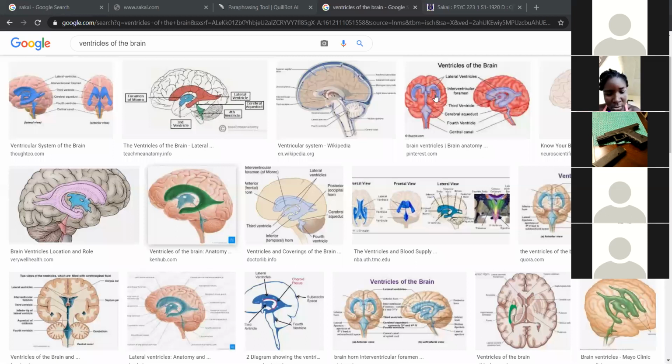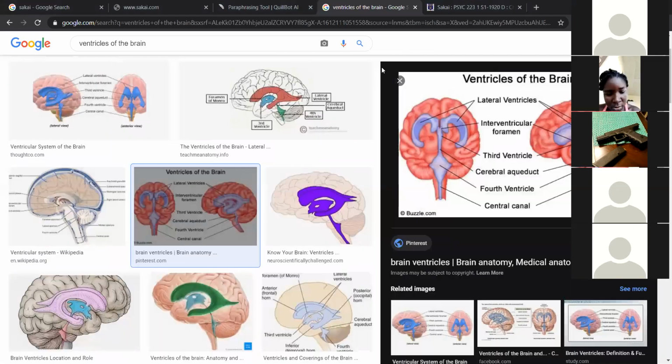So when you take this diagram, for instance, the red one, you will see that inside we have some blue diagram. That's the ventricles. They are more or less like holes or cavities found in the brain.